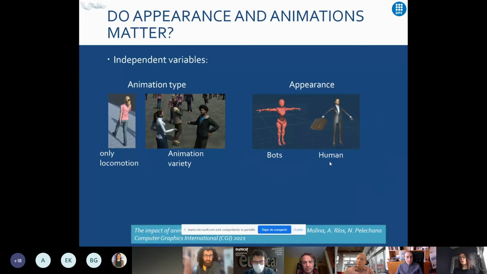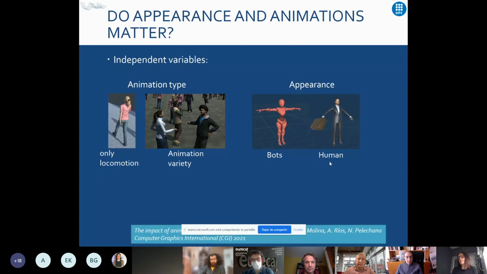So we wanted to study the differences in perceiving the realism of a crowd based on animation types: having only locomotion, only people walking around, or having locomotion accompanied by other animations such as gesturing, talking on the phone, sitting on benches, and so on.